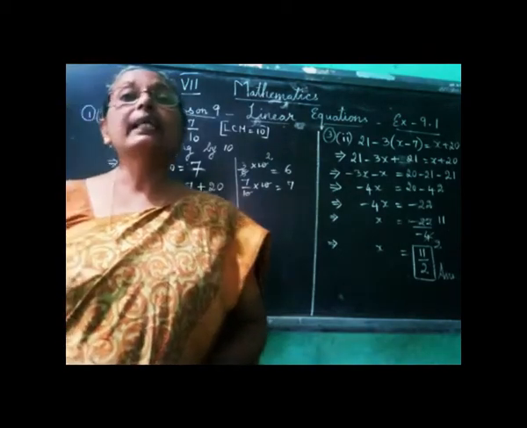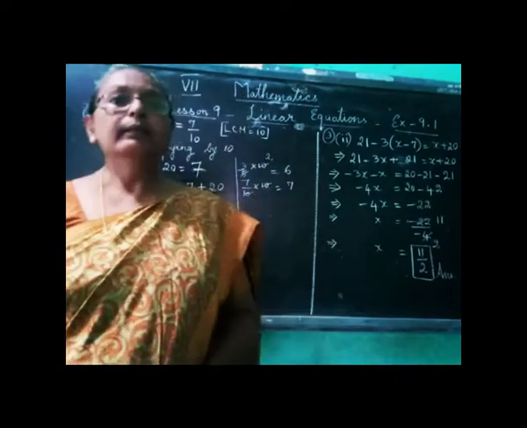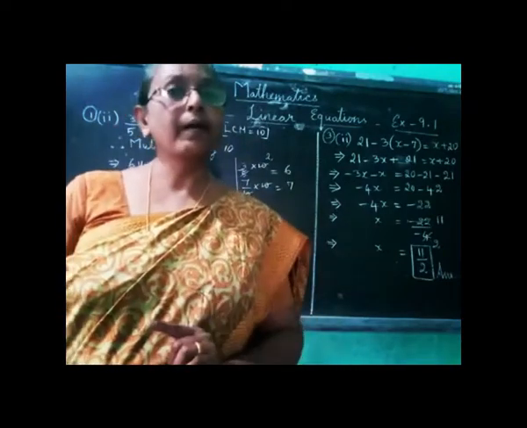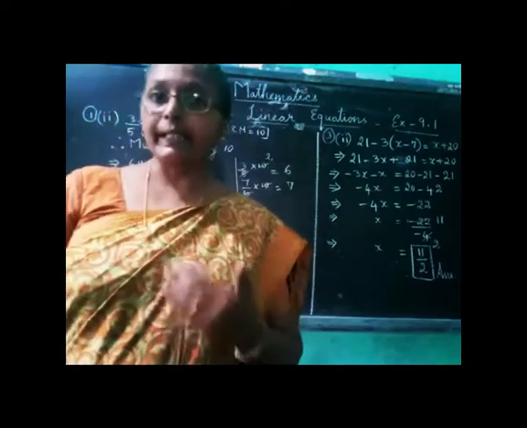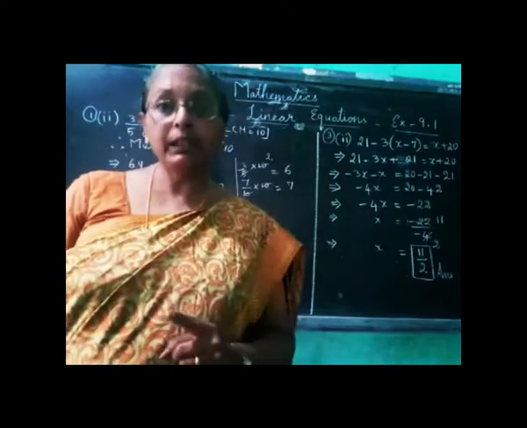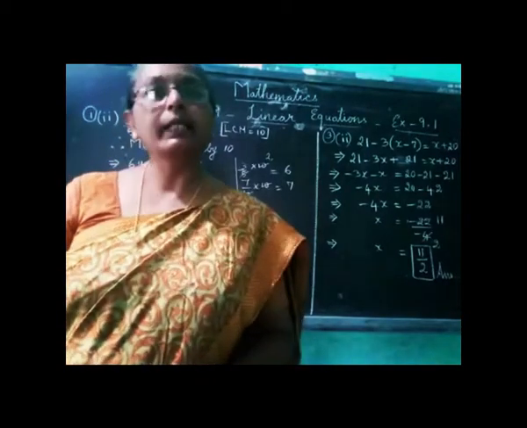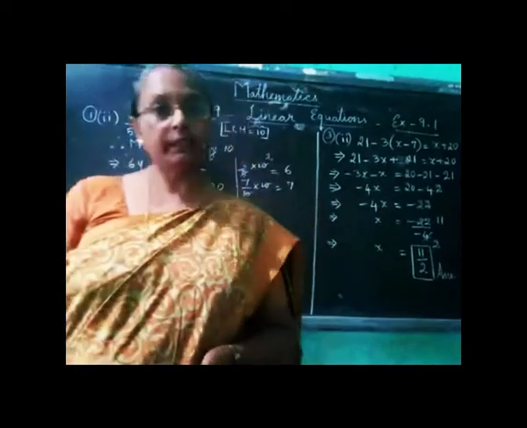Now, what is a linear equation? An equation with one variable of highest power 1. Okay, an equation which is made of one variable with the highest power 1. So that is called a linear equation. And there are methods of solving a linear equation.